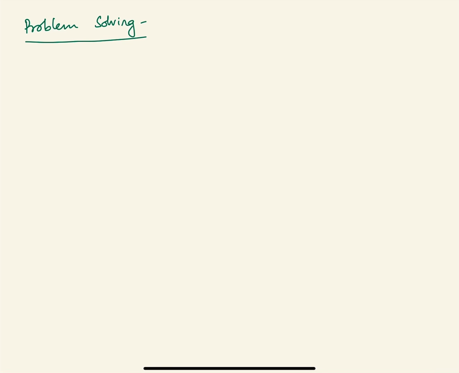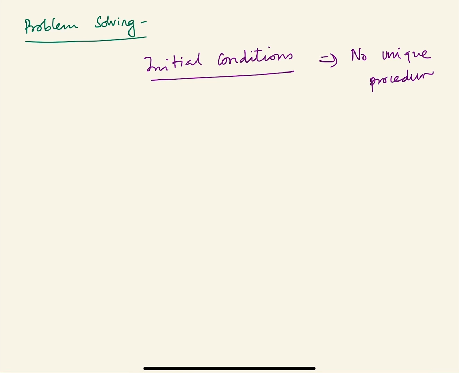So for solving for these initial conditions, you must always know that there is no set procedure, as in no unique procedure, in the sense that if you are given any circuit and you are asked to solve for the circuit variables or the circuit parameters, there is no unique procedure that you have to follow.